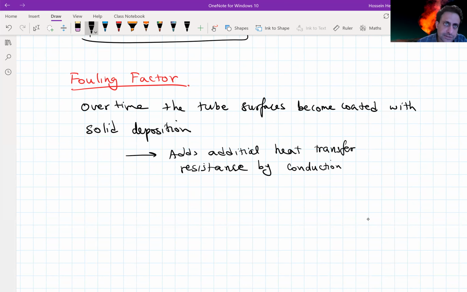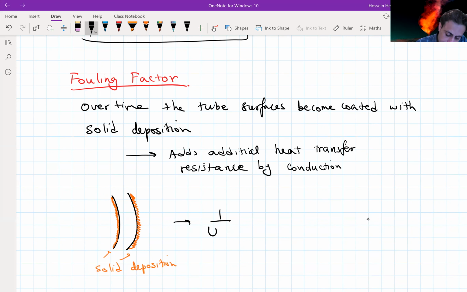So let's say if I plot the part of the tube that we are looking at, these depositions could be on the inner or outer side, and could be different materials, different thickness. So these are the solid depositions, and we need to take them into account. So these are adding two resistances because of conduction.